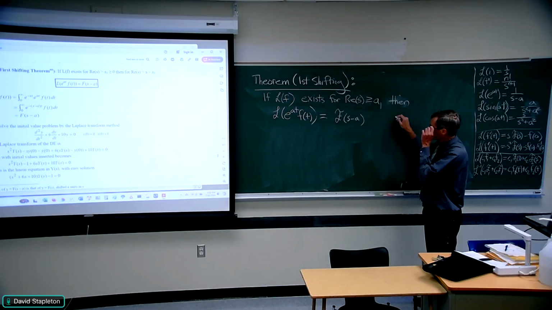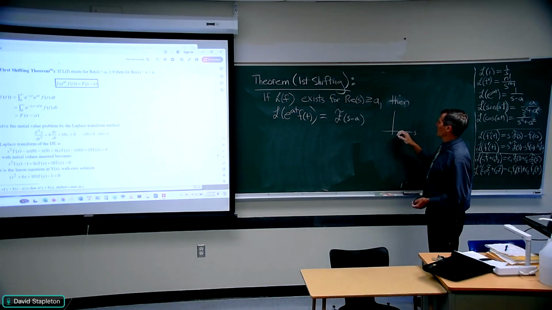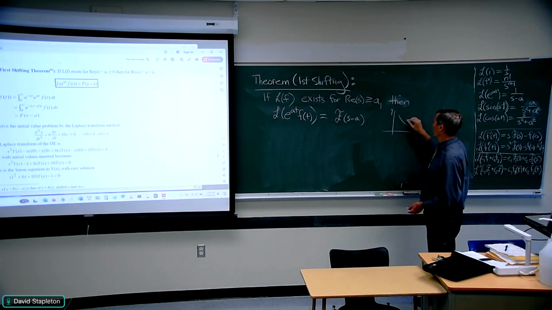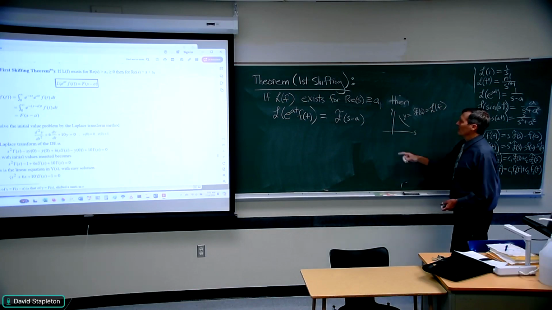Now you see why it's called a shifting theorem, right? Imagine s is a real variable, which it's not, but here's s versus y. And if I plot y equals F of s, it's got some picture maybe. This is the Laplace transform of little f. What does F of s minus a look like?